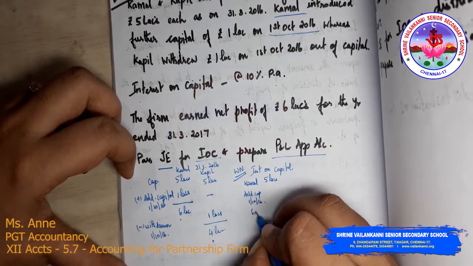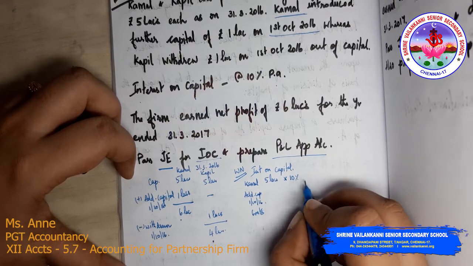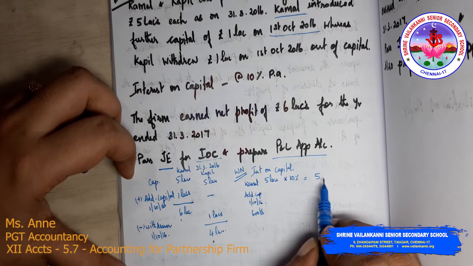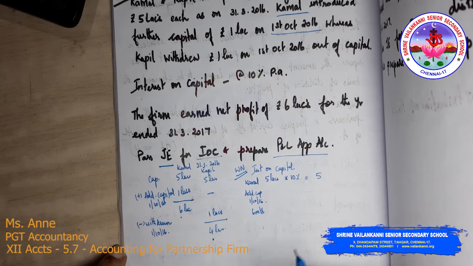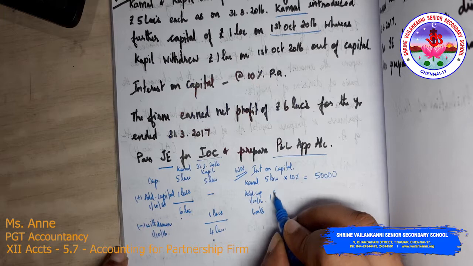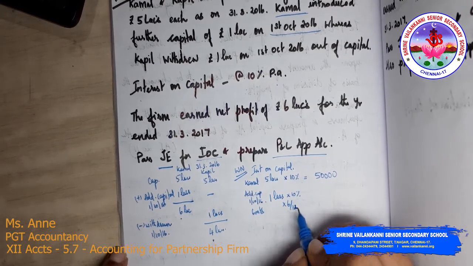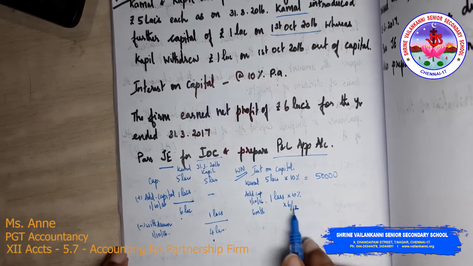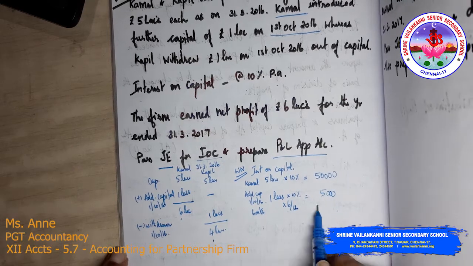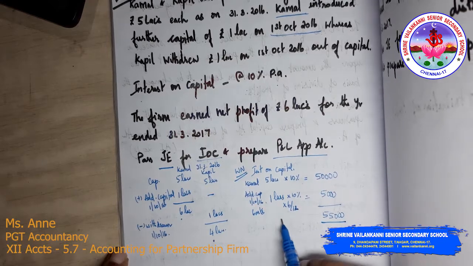So it is for 6 months that we need to calculate. 5 lakhs into 10% is 50,000, and he has introduced 1 lakh into 10% for 6 months, so 6 divided by 12. 10,000 into half is 5,000. So totally 55,000 is the interest on capital of Kamal.